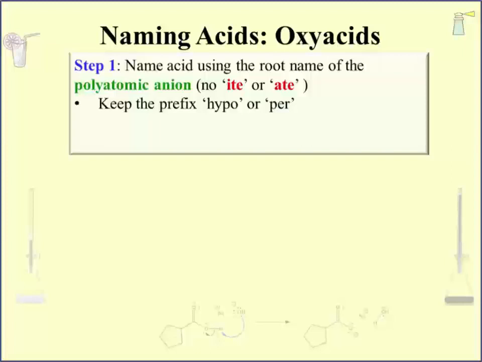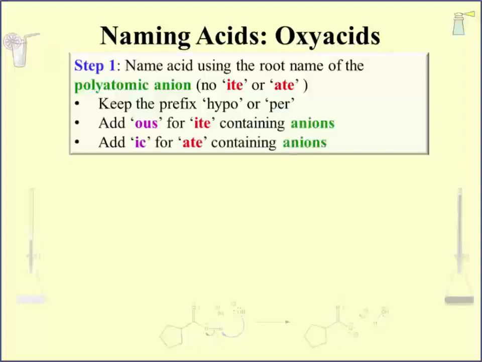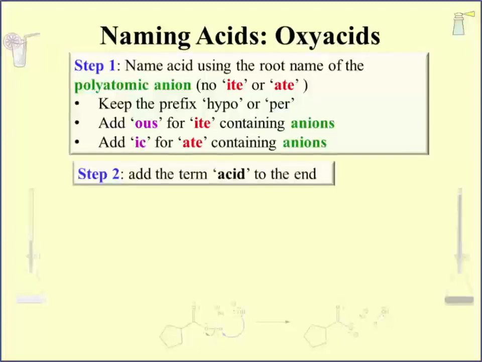There are 2 options, and they are based on whether ITE or ATE was dropped from the polyatomic anion name. Add OUS for ite containing anions, or add IC for ate containing anions. Finally, add the term acid to cap off the name.